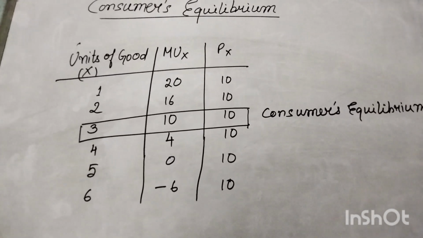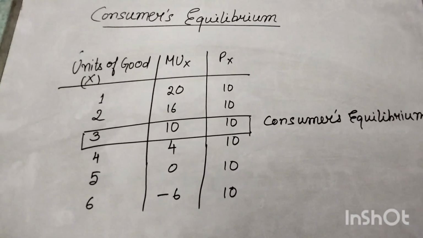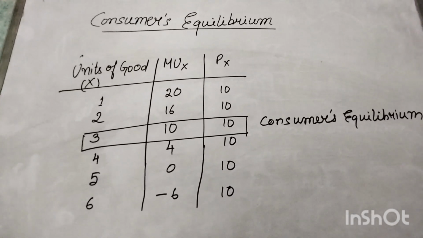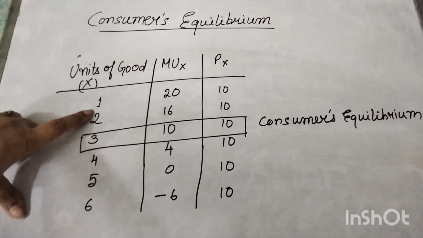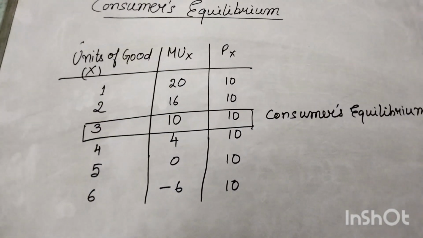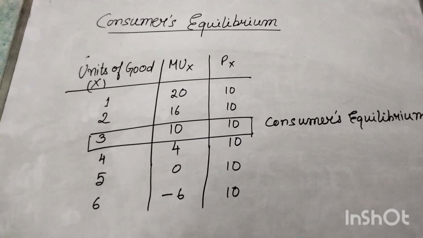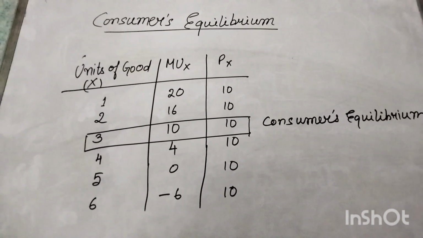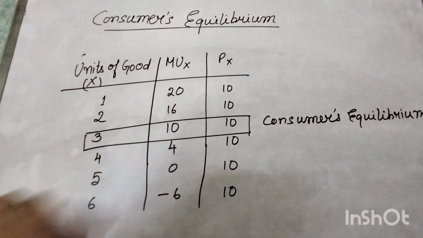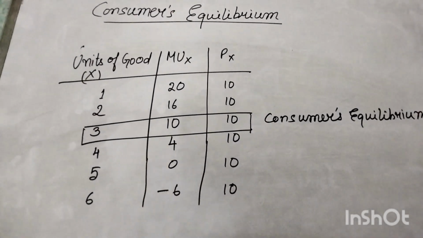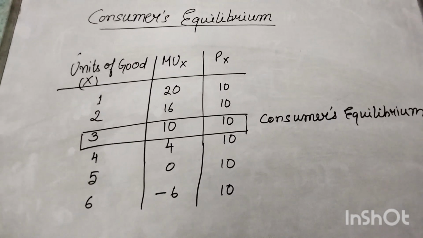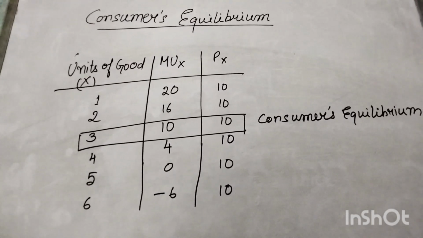See, when your good increases to 2, your marginal utility has decreased from 20 to 16, but the price is 10. Again, when you are consuming 3 units, your marginal utility has again decreased and it falls to 10, which is equal to the price of the good X.